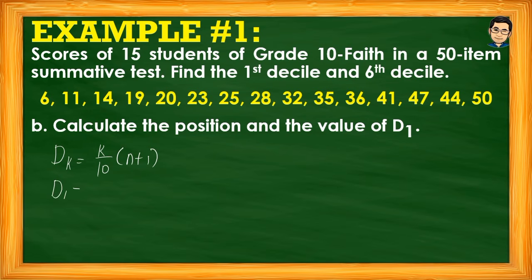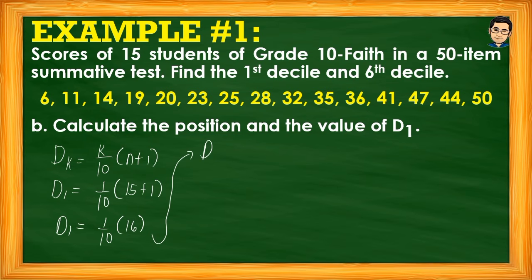So that is D sub 1 is equal to 1 over 10 times the quantity of 15 plus 1. Then i-add lang po natin yung 15 tsaka 1, and that is 16. Next, D sub 1 is equal to 1 over 10 times 16, that is 16 over 10.